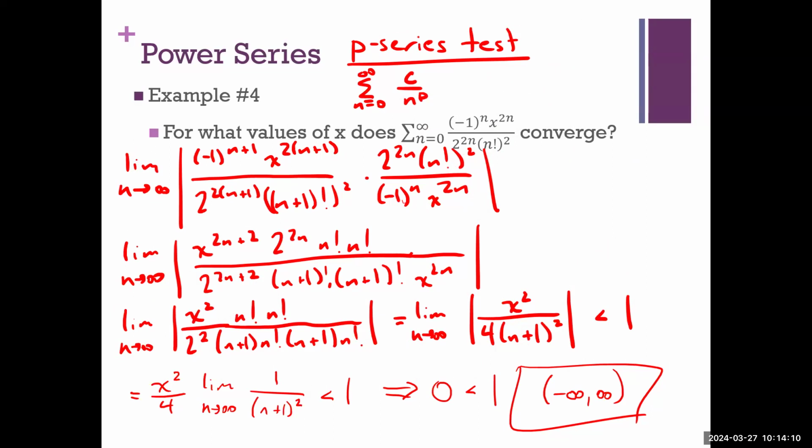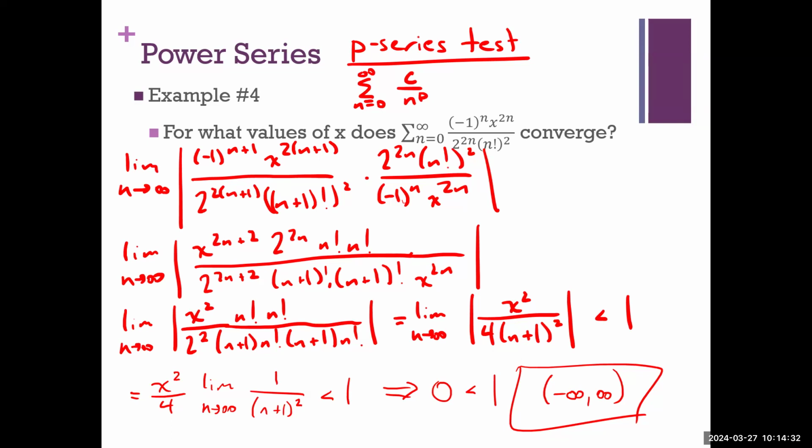Any questions on how we made this conclusion? Would that be absolute convergence? No, absolute convergence is a different idea. It has to do with whether you're looking at the series itself or the series built from the absolute values of all the individual terms.